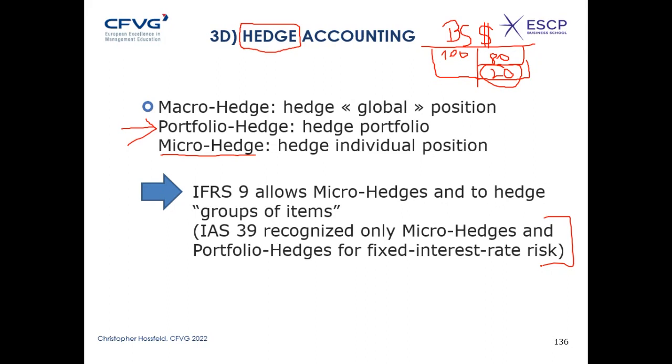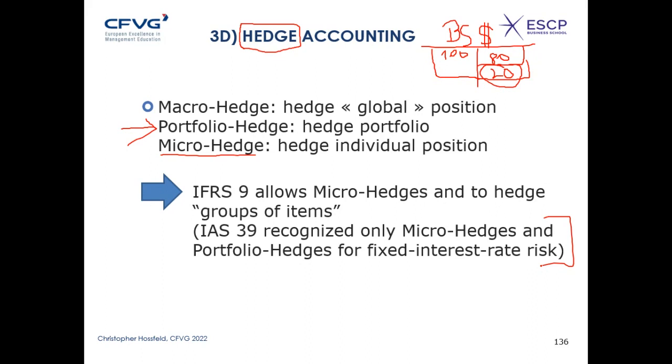Which means, remember, in a hedge, you have the underlying position which generates the risk. You have a second position which offsets the risk. If you do that on a macro basis but you cannot apply hedge accounting, that means you have to account for those two items separately, as if there is no hedge. Because accounting-wise, there is not.